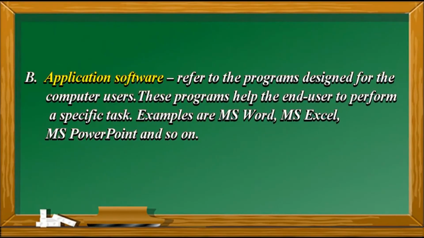Now, another computer software is application software. This refers to the programs designed for the computer users. This program helps the end user to perform a specific task. Examples are MS Word, MS Excel, MS PowerPoint, and so on.